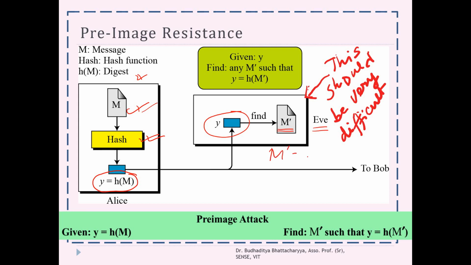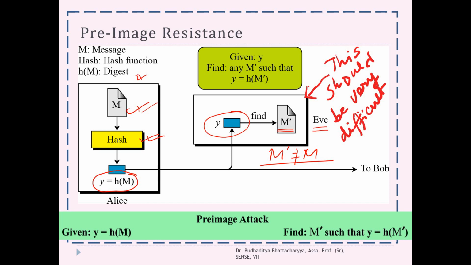He should not have m equals m prime. If somehow, with the hash function, he is able to crack the message, then your cryptographic hash function has a problem with the pre-image resistance. Okay? So that's basically the idea of pre-image resistance.